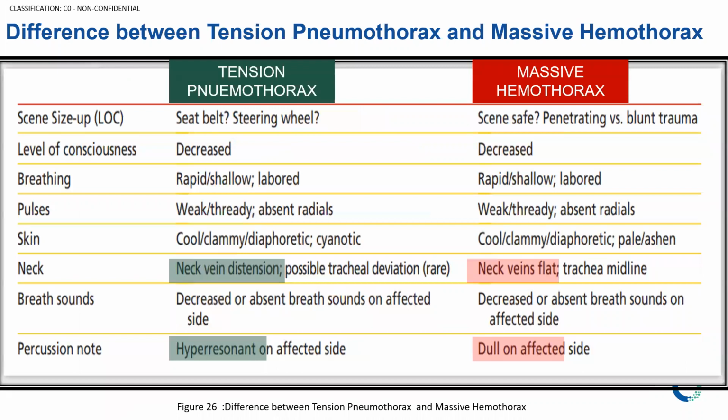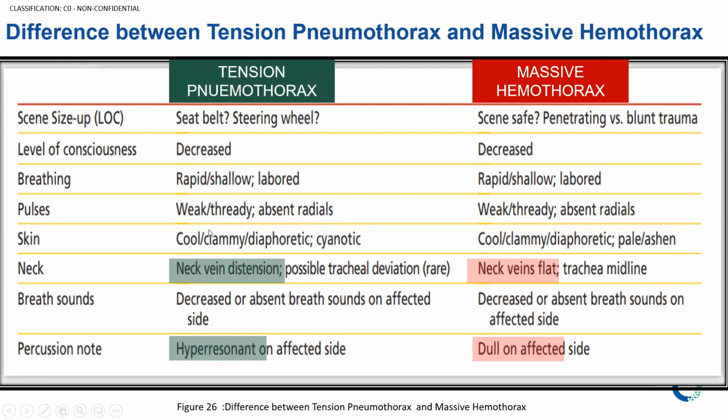Okay, let's differentiate tension pneumothorax and massive hemothorax. I took the liberty of highlighting the differences. The scene safety and level of consciousness may be the same. They may have a penetrating or blunt trauma. Patients may both have decreased LOC.